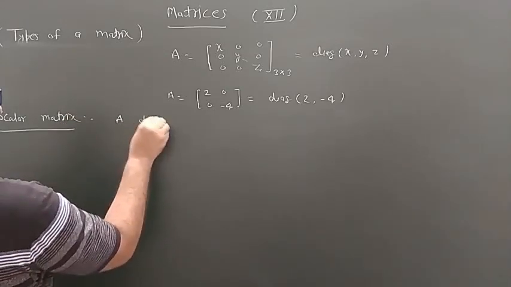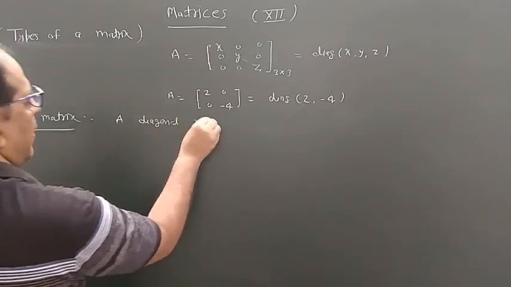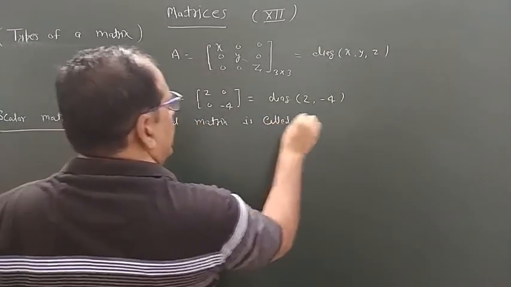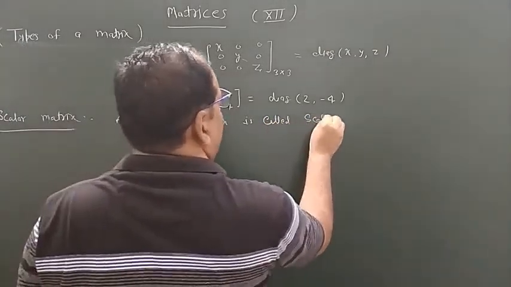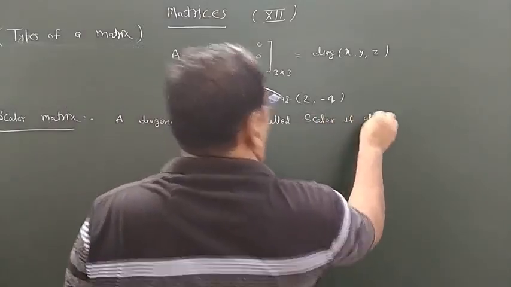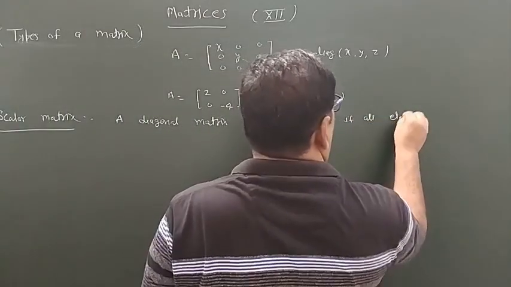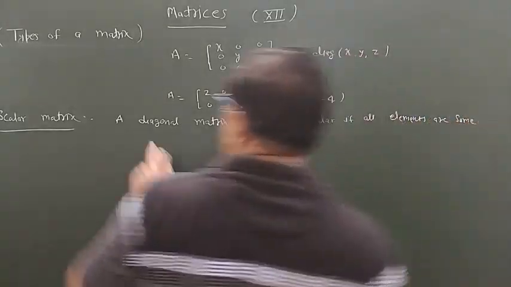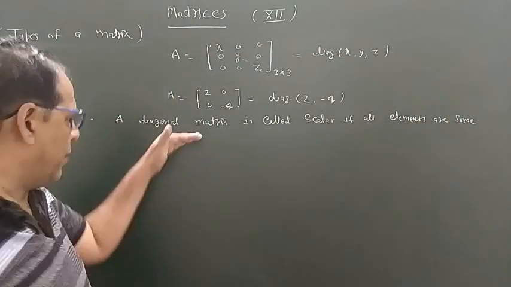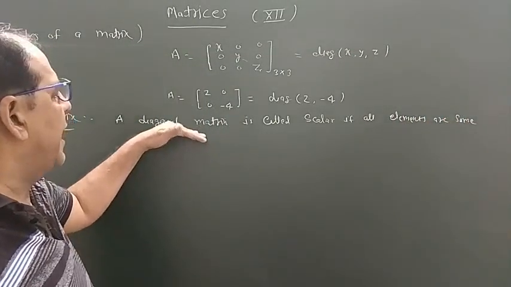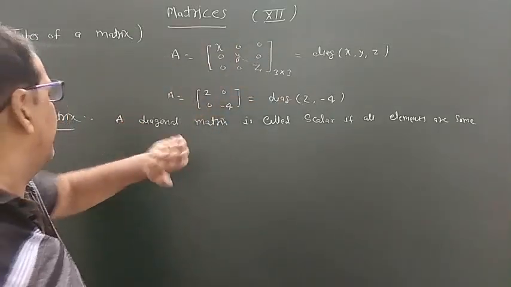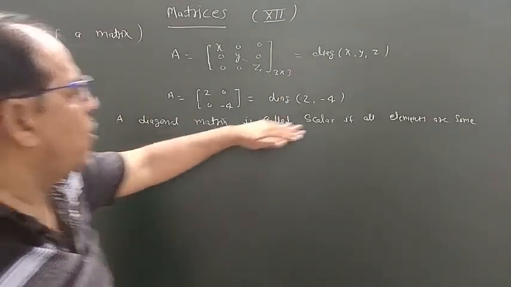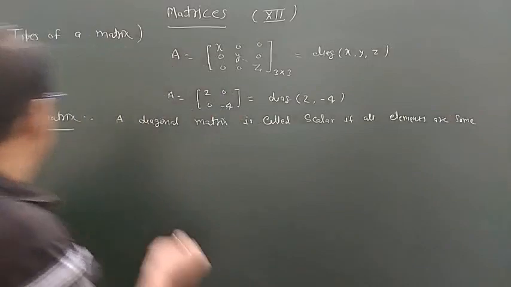A diagonal matrix is called scalar if all elements are the same. First we defined a diagonal matrix, a square matrix whose elements except the main diagonal are 0. Now, a diagonal matrix is called scalar if all diagonal elements are the same.